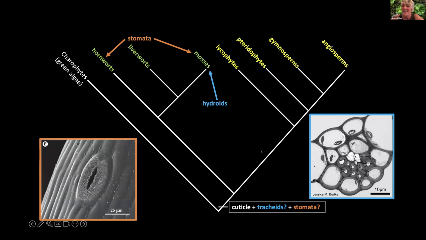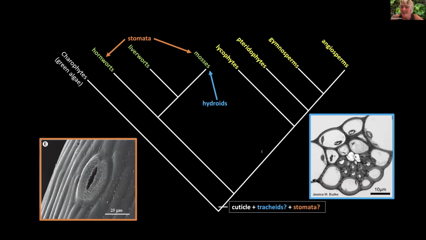here from Jessica Budke. Sorry, I can't see it because I have something in front of it. But anyway, there's an arrow pointing to a thinner cell. That's a cross section through the midrib of a moss leaflet. So it's a structural, thicker part, like a midrib in the moss leaf.